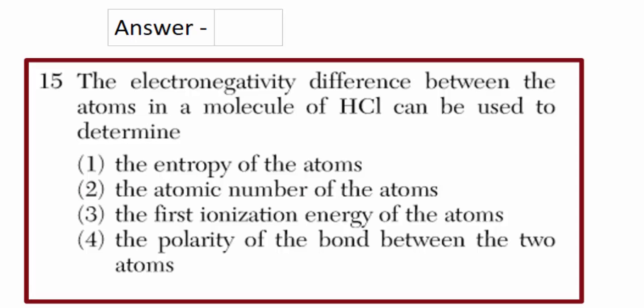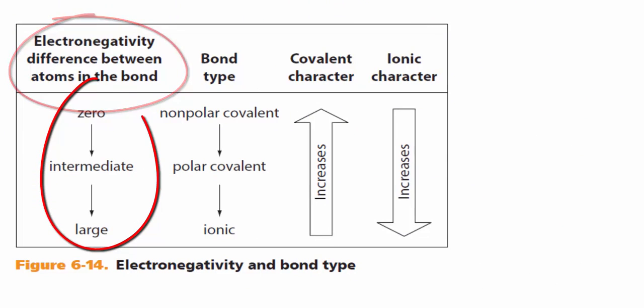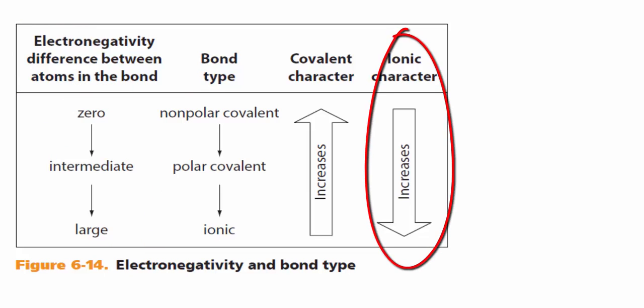Question 15. The electronegativity difference between the atoms in a molecule of HCl can be used to determine what? I've put a clip here from our review book. The electronegativity difference between the atoms in the bond is shown here as a range going from 0 to very large. What does this affect? It affects the ionic character of the bond, or inversely, the covalent character of the bond.